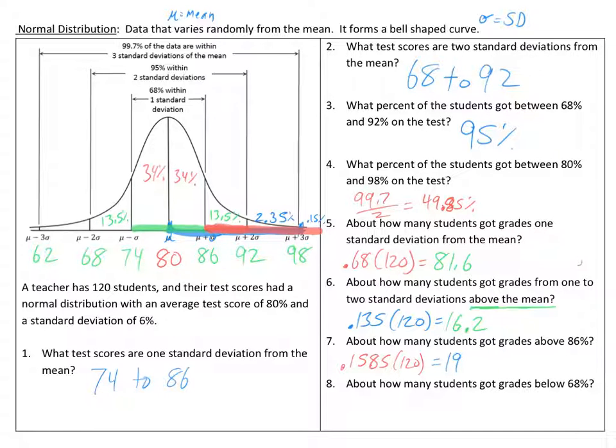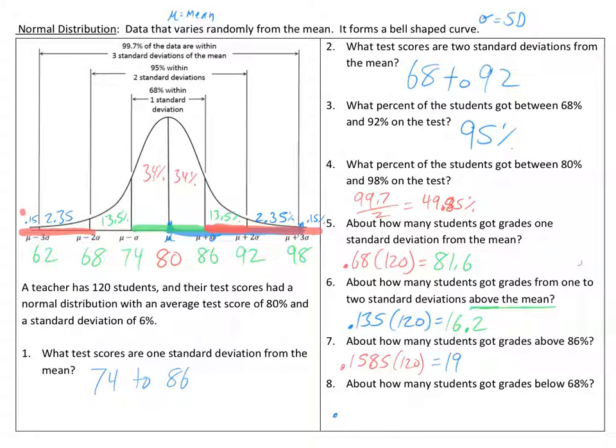So below 68 is right here. So below 68, isn't it just these two right here? Can you see these two numbers are going to be right here? This is 2.35 and 0.15. So be careful here.